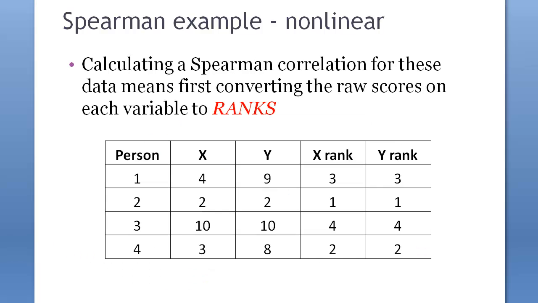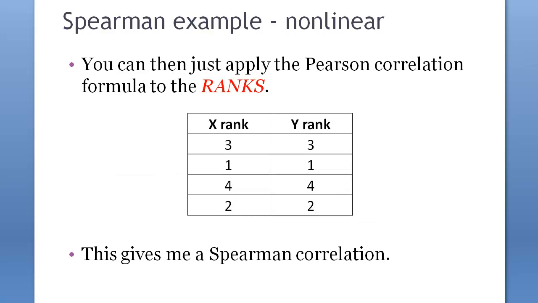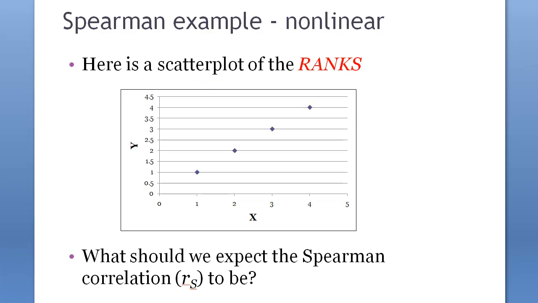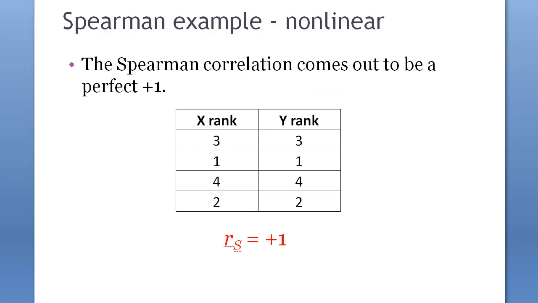Turn it into rankings: first, second, third, and fourth, first, second, third, and fourth, and do a Pearson correlation on that. As you can see, because X rank and Y rank are exactly the same, you get a perfect correlation in this case, which is +1. Sometimes it's different, but in this case it's the same.